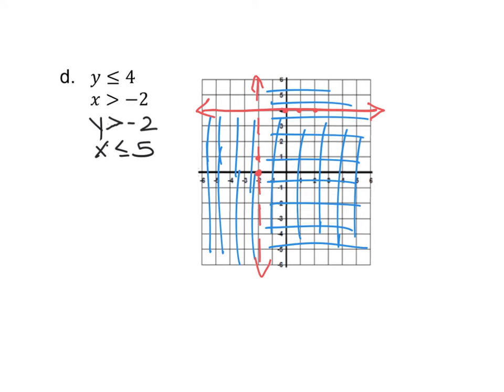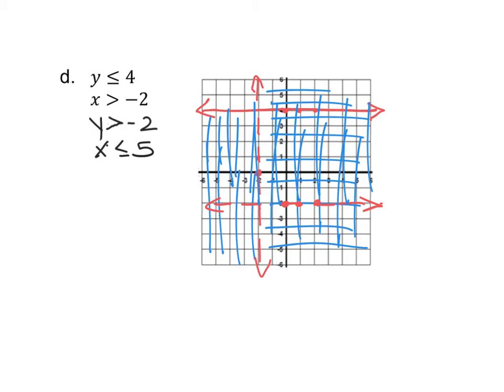In the next one, y is greater than -2. So in every case, y is -2. It's just greater than, so I've got a dashed line. And then I'm shading up. All right, paying attention to where now it's triple shaded.